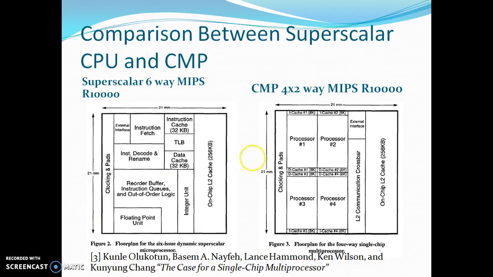So almost 4 times the area of a CMP is wasted in such operations. On the CMP there is a shared L2 cache. This 4x2-way MIPS R10000 processor is made of 4 2-way superscalar processors. As the task is divided into 4 processors, the issue logic is also reduced.